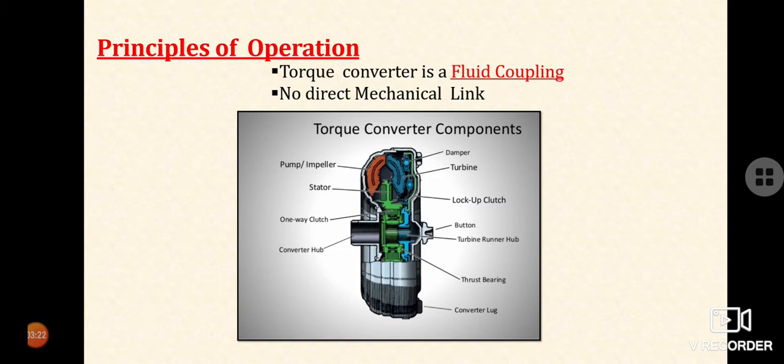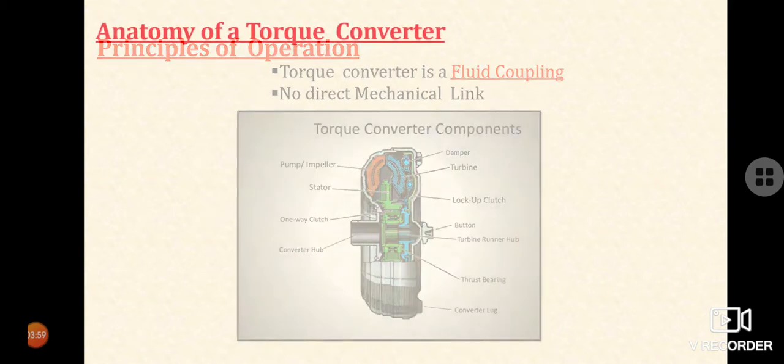So here its various components are mentioned: pump, impeller, stator, one-way clutch, converter hub, damper, turbine, lockup clutch, button, turbine runner hub, thrust bearing, and converter lug. All these components are mentioned in this picture. The torque converter has three main parts.